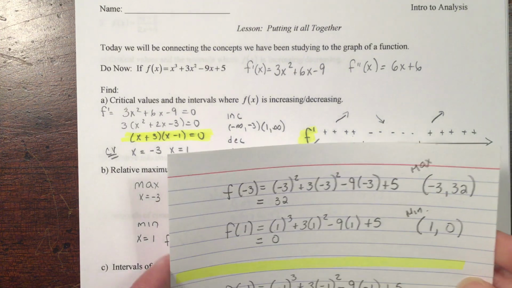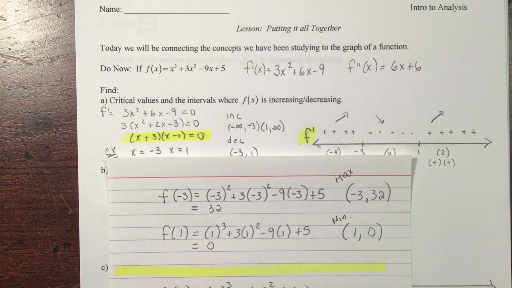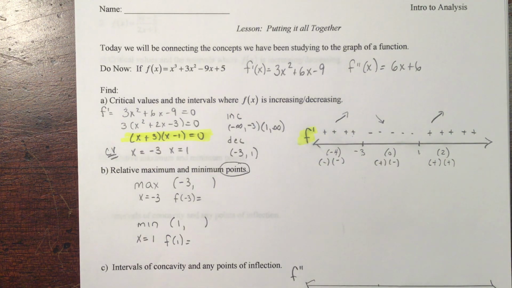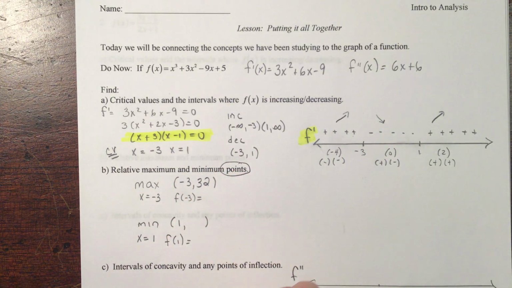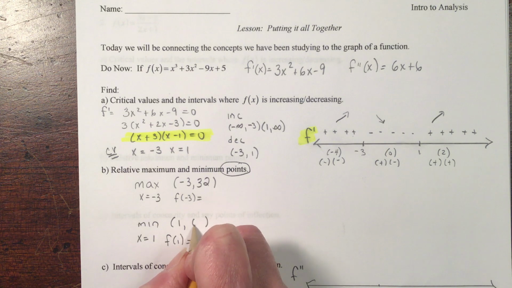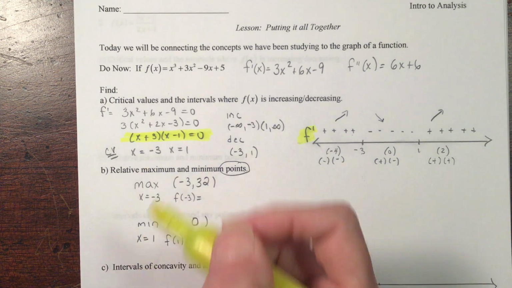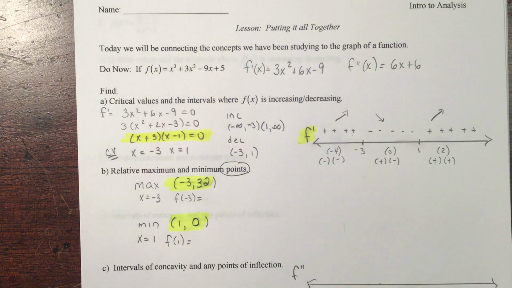Now I did this work out for you. So if you want to, again, take a few seconds, work that math out on your own, you'll find that when you plug in -3, the y value is 32. And when you plug in 1, the y value is 0. Remember, these are points on the actual function itself.